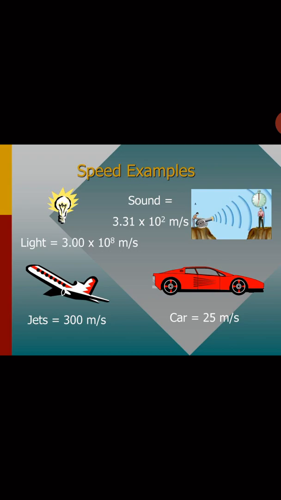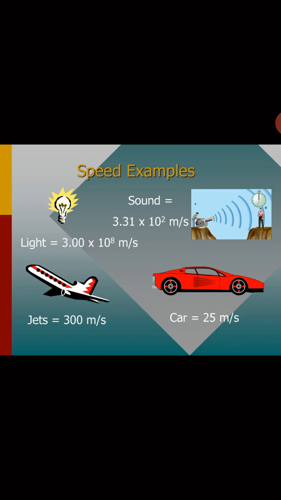Next, sound travels. So here in the second image, there is a person. There are two hills, small hills, and on the top of the hills, two people are standing, and one is making a sound through a canopy, and the other one is hearing the sound, after a specific distance.